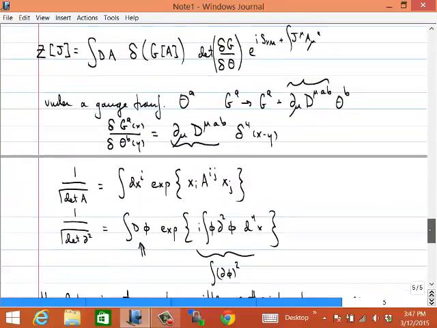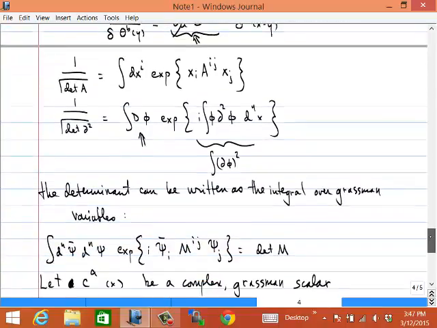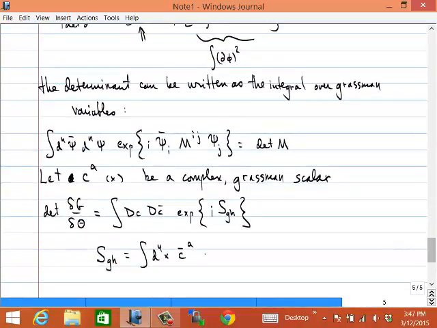You want to compute the determinant of this operator here. So that's got to be the kinetic term for your field C.